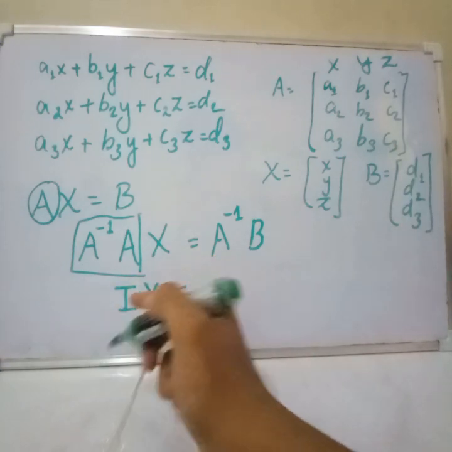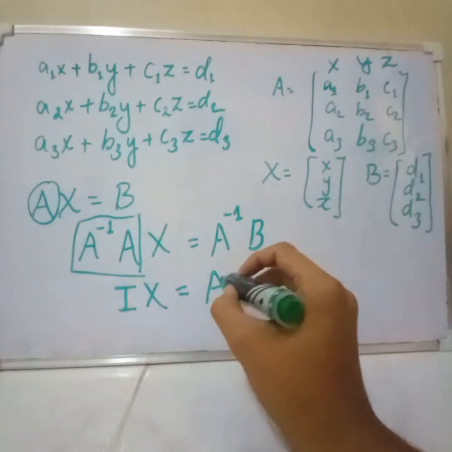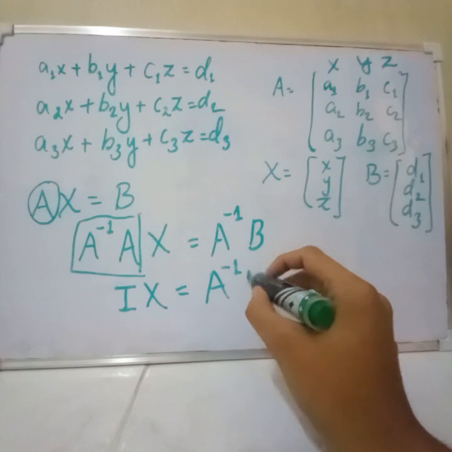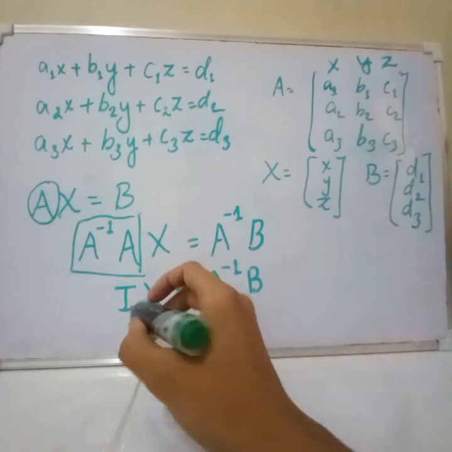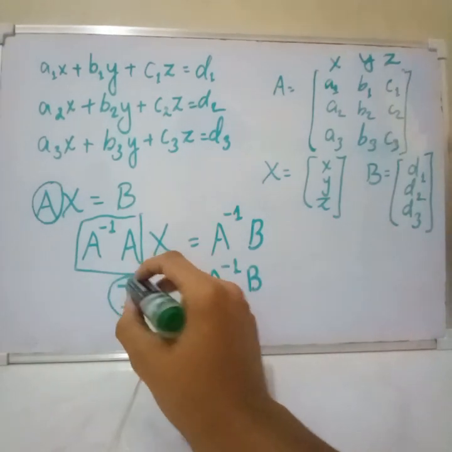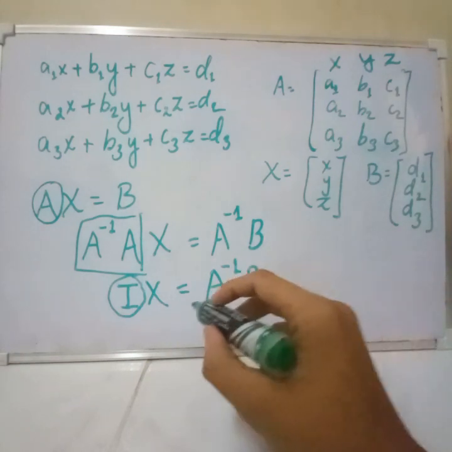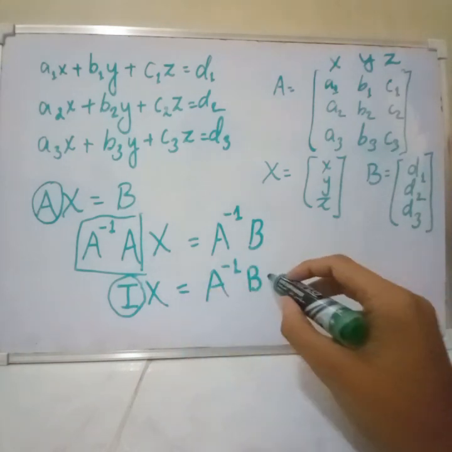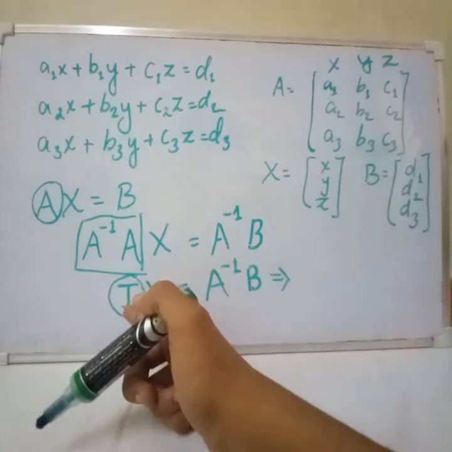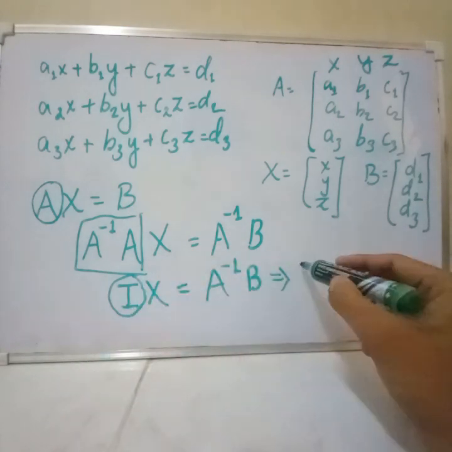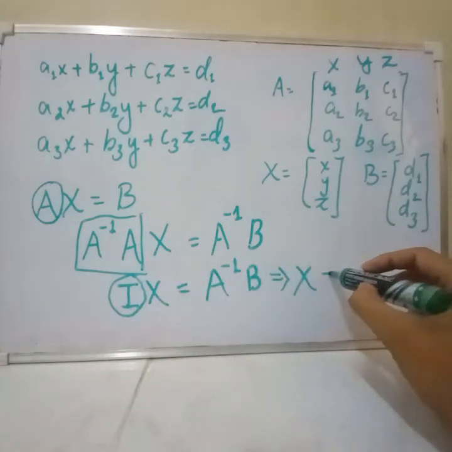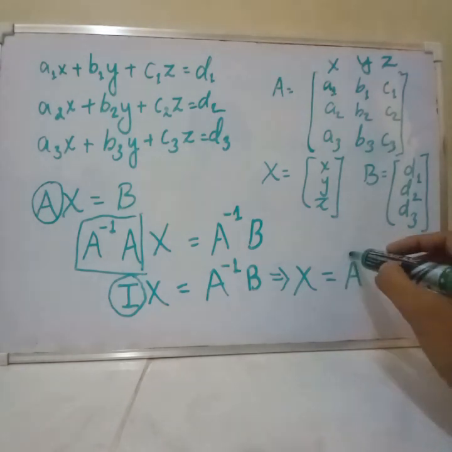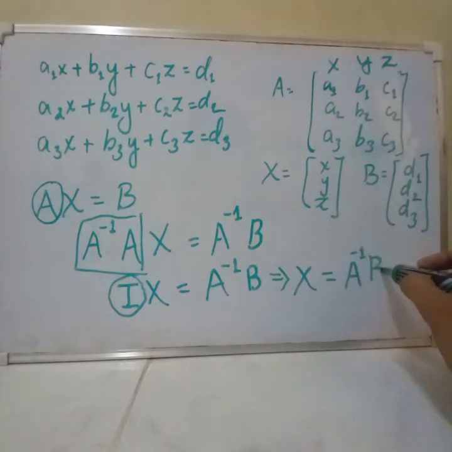Identity matrix means a square matrix with all the diagonal elements as 1. Any matrix, when multiplied with the identity matrix I, gives the same matrix itself. So here X is multiplied with I, so you get the same X itself, and the other side will be the same. No need to make any changes.